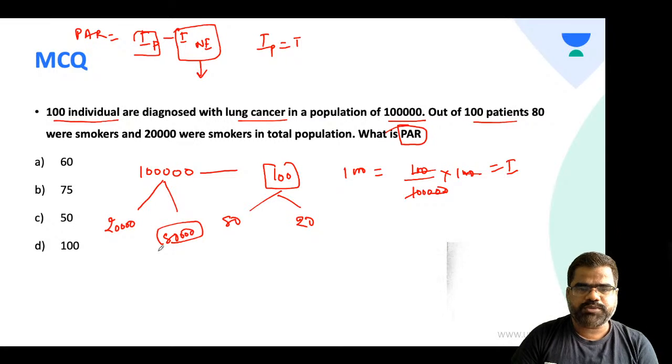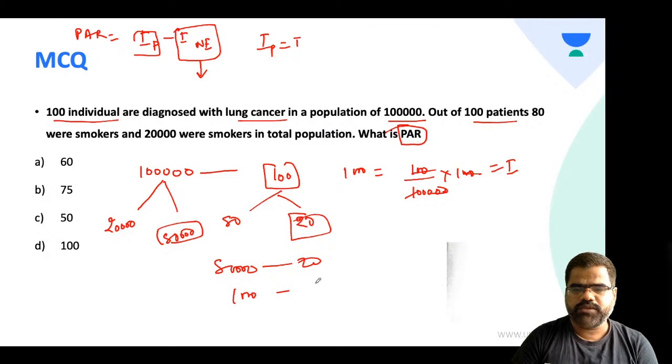Simple. So the total non-exposed population is 80,000, and out of 80,000, 20 people developed lung cancer. So in 1,000, how much? Simple mathematics: 20 divided by 80,000 into 1,000. So it becomes 1 by 4.